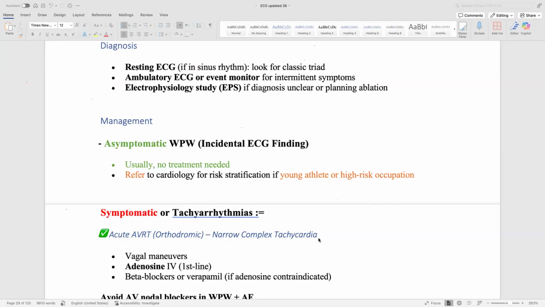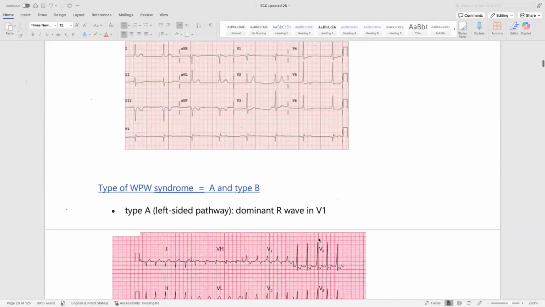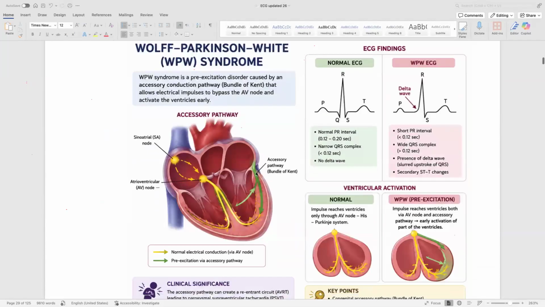If it is asymptomatic, no treatment. What will be our action? Our action is to refer to cardiology to stratify if he is at risk or not. Because if at risk, we need radio frequency ablation, to cut this one here.